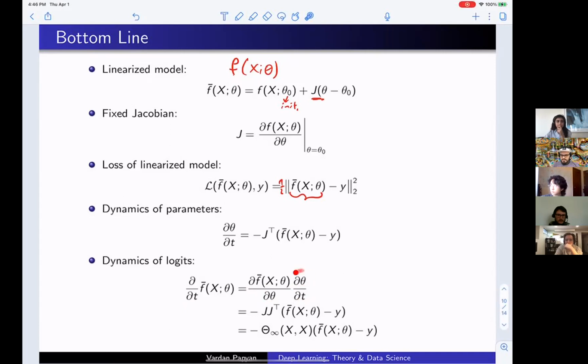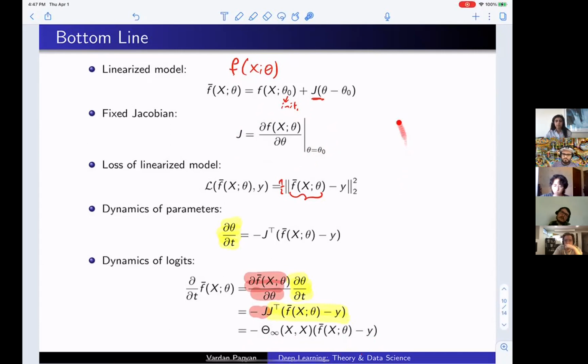Then you plug in the previous equation for d theta over dt, and also df bar over d theta, which is just J. So what did we get in the end? J J transpose is just the NTK by definition. So at the end of the day, you get NTK times f bar minus y. So this is the equation that we've already seen.